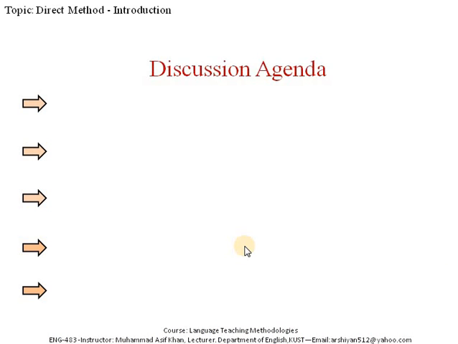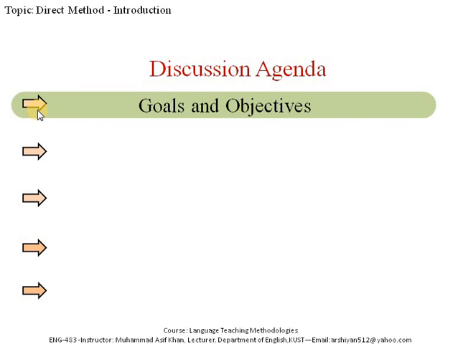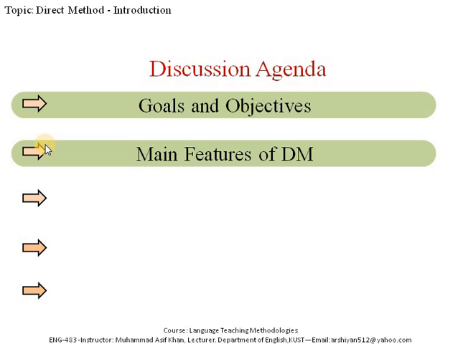The discussion agenda for today's class is that first of all I will revise the things which we have studied in the last lecture about the direct method. First of all, I will give you the goals and objectives of direct method, and we will also revisit and discuss the main features of direct method.